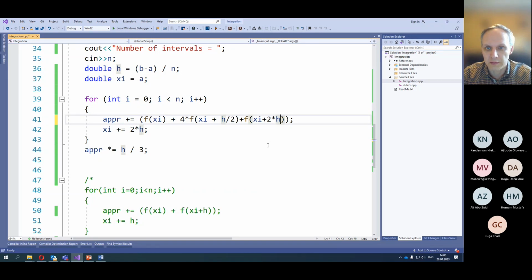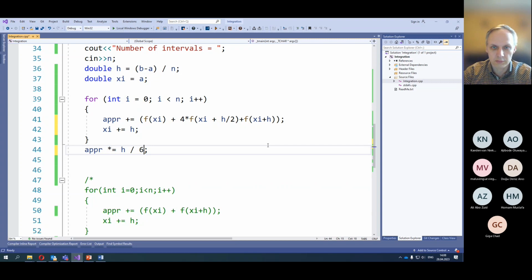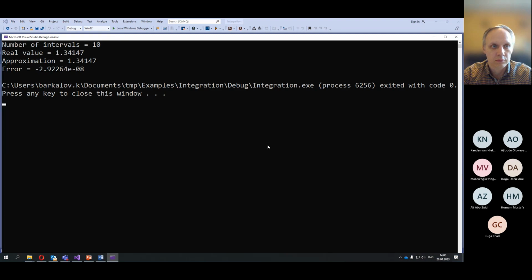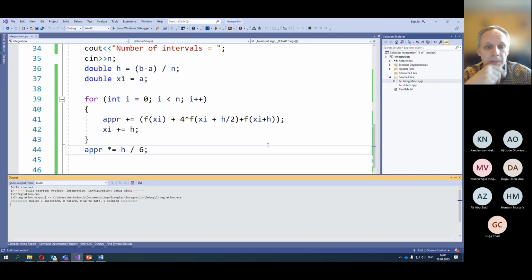Let me modify it like this. Here plus h, plus h and h over 6. Yeah. Now it's correct. Now it's correct.